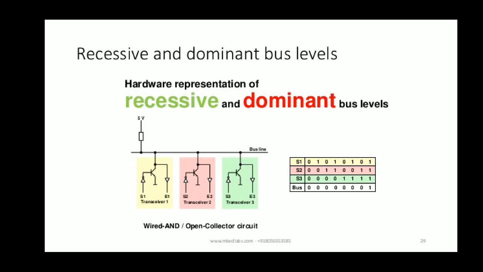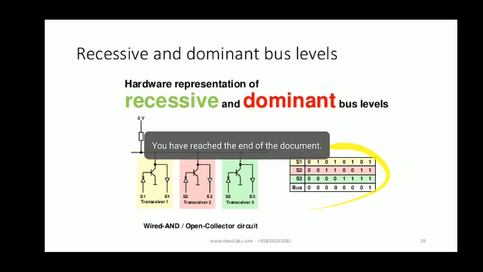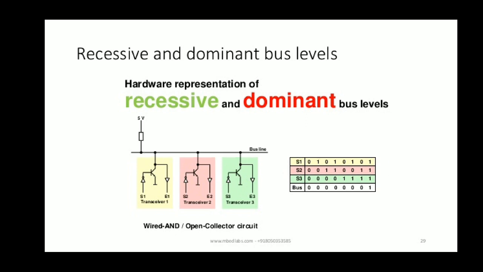And the same thing can be seen in this state diagram. Here S1, S2, S3 are given as the input to the transceiver block. If any of the inputs is 0, then the output should be 0.